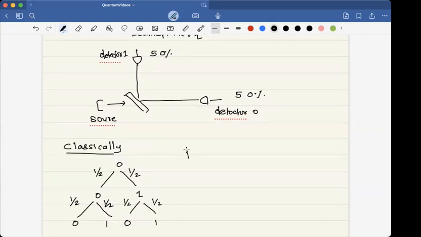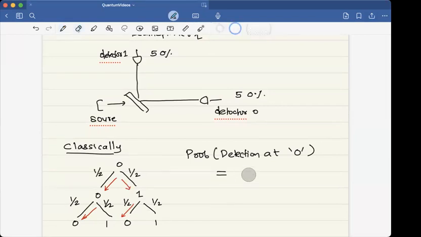So the probability of detecting at detector number 0: there are two possibilities.